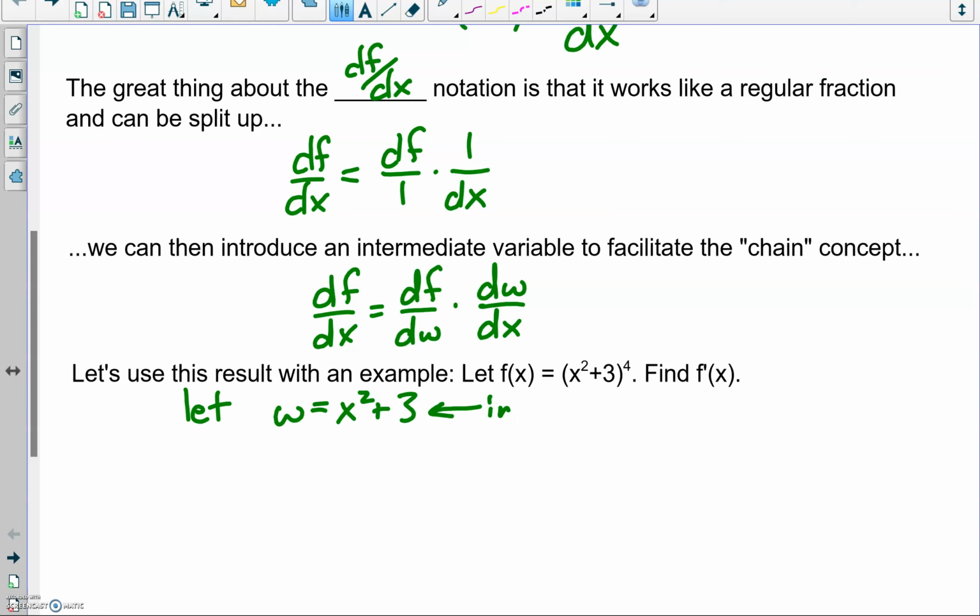And then f of w would be equal to the outer stuff, which is just essentially w raised to the 4th power. That x squared plus 3 is w, and that's raised to the 4th power. So this would be the outer function.